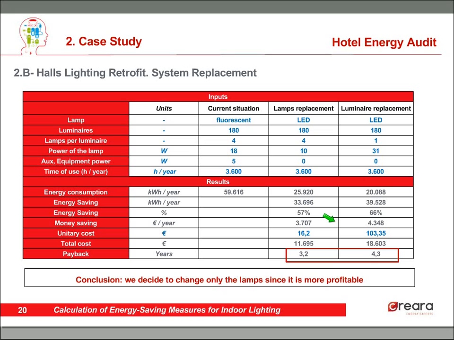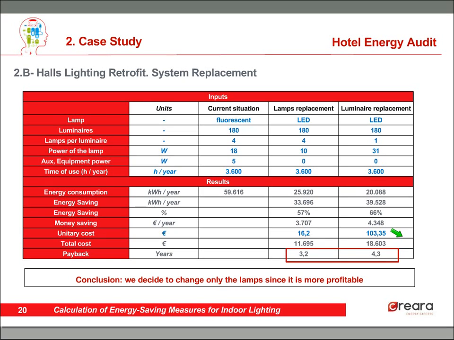Okay, the unitary cost: the cost of the lamp is 16 euros for every lamp in the first alternative, and 103 euros for every luminaire in the luminaire replacement. As we said, in this case, we're not considering manpower cost, only material cost.